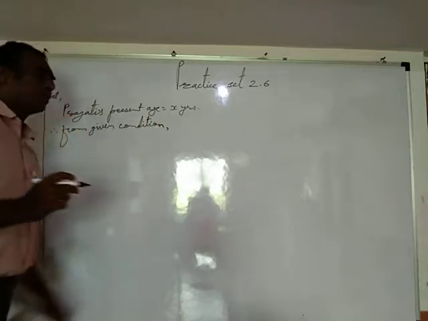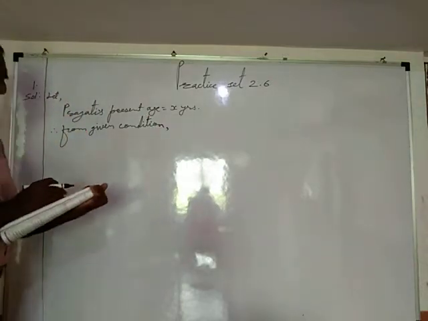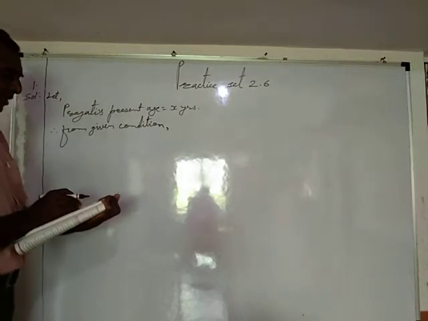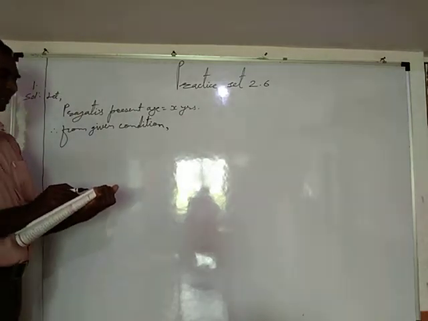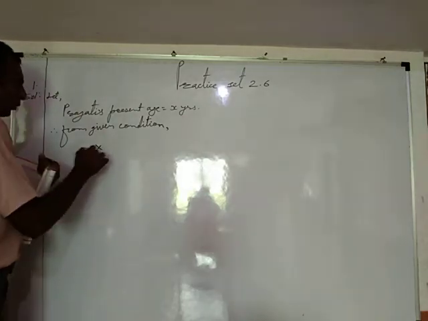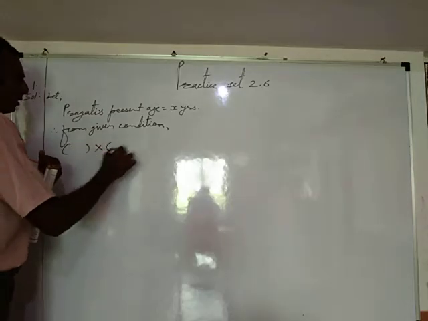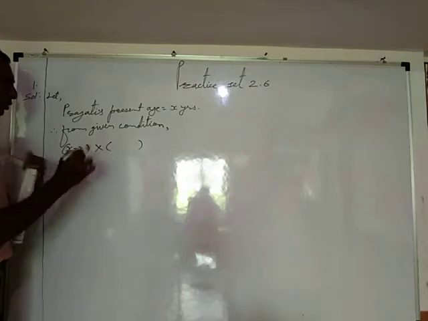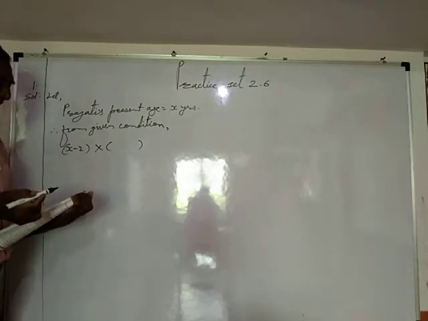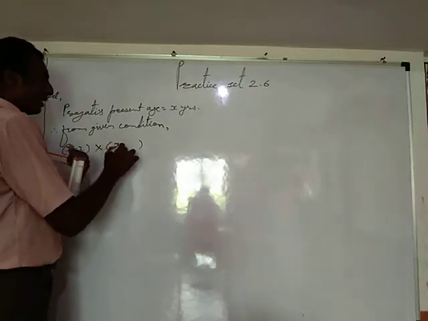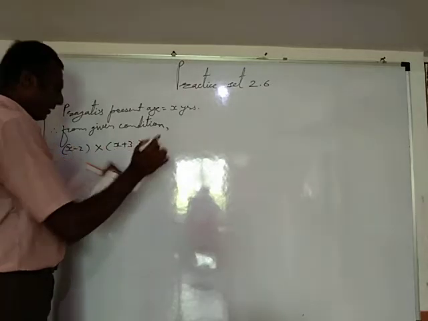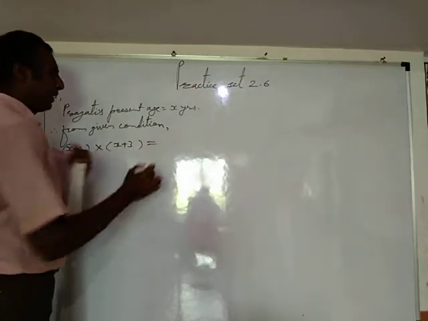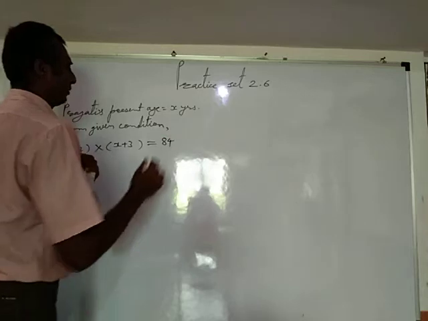Product of Pragati's age 2 years ago and 3 years hence means product of her age 2 years ago, means x minus 2, and 3 years hence, means x plus 3, is 84, means equal to 84.